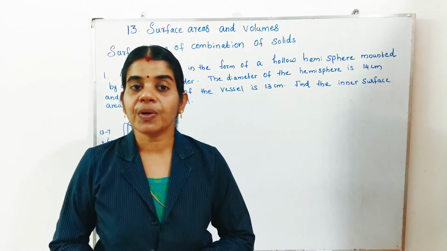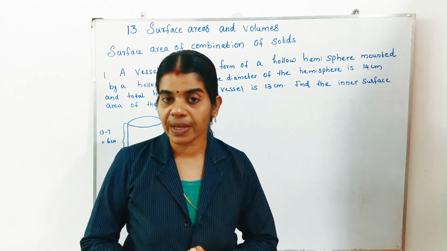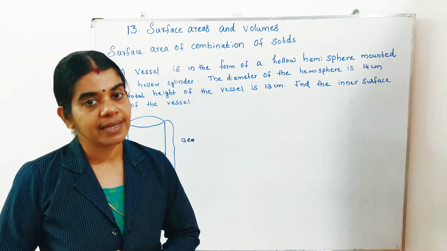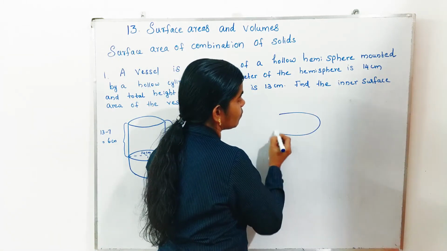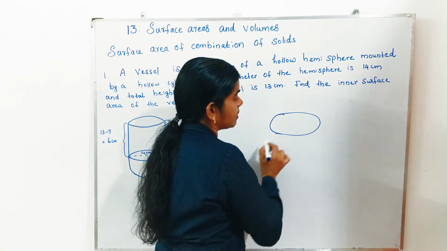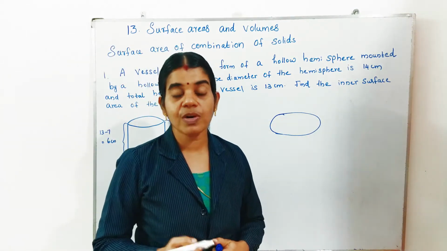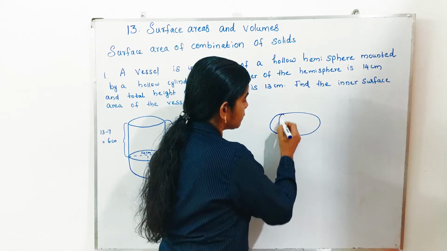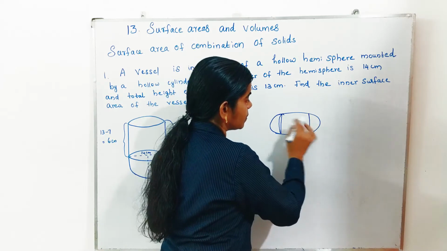For example, you have already noticed a truck with a container on its back for carrying water and oil. What is the shape of that container? It will be in this shape.